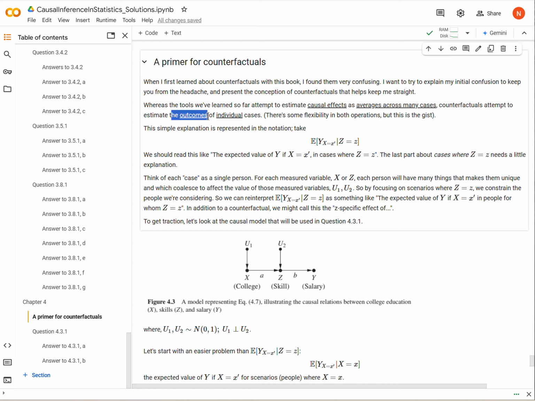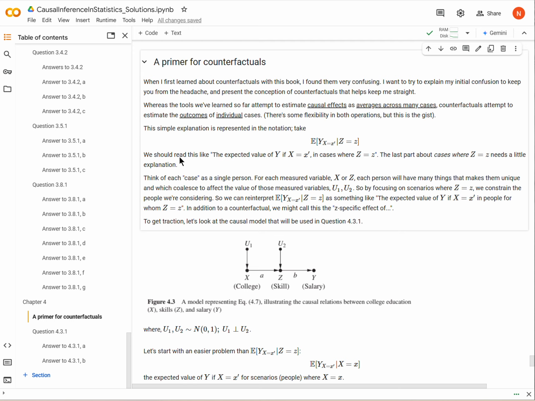And here we're estimating outcomes, so for instance Y, in individual cases. So not everybody, but just a few particular cases. Now, that's the main gist of it. You can use these tools and get creative and be more flexible with them, but I think that's a good initial way to conceptualize these things.